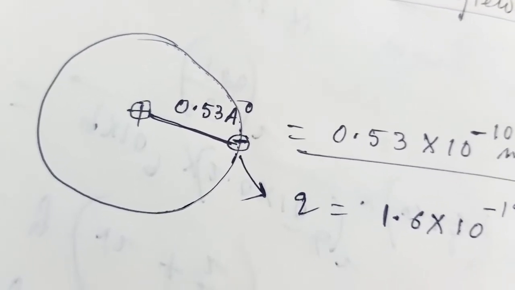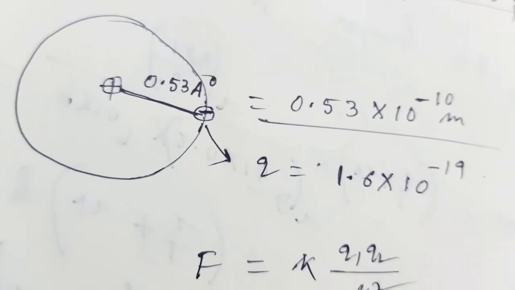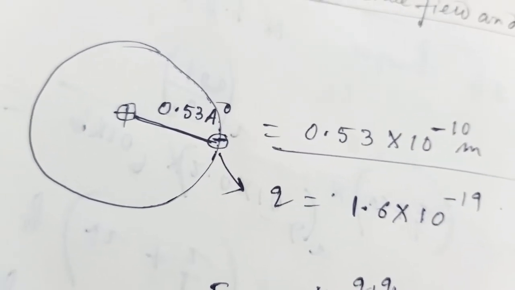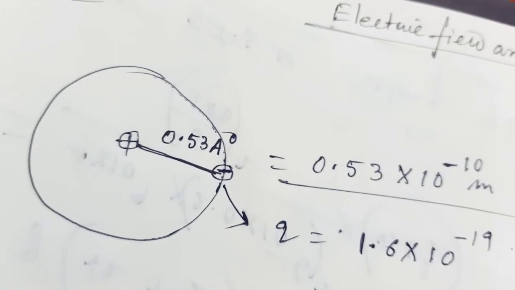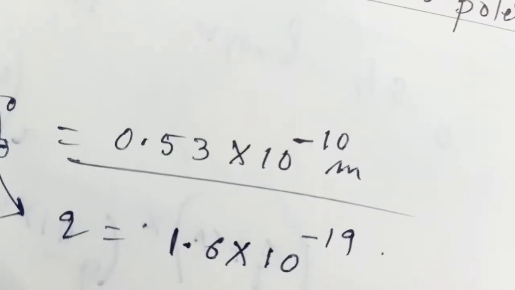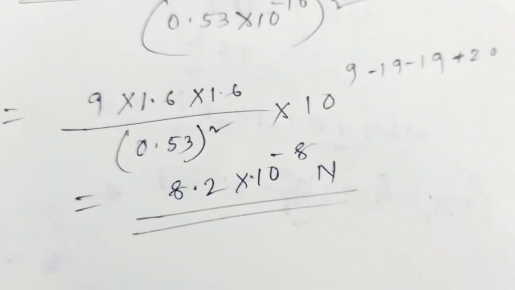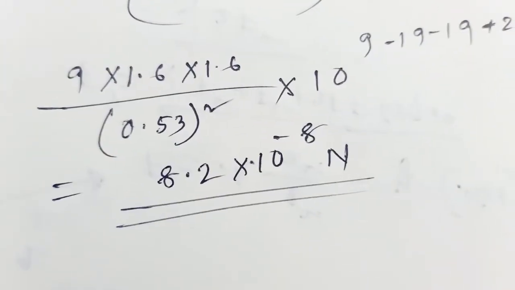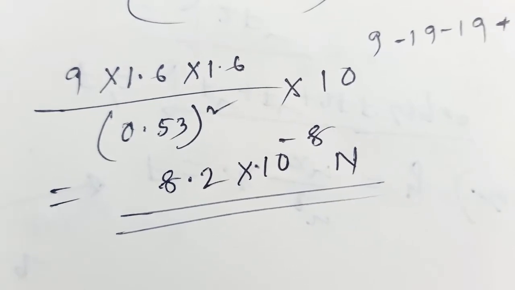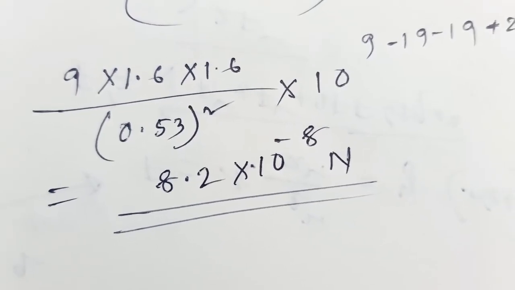So that is 1.6 into 10 to the minus 19, and the distance is 0.53 angstrom, so you have to transfer it in SI unit, that is 0.53 into 10 to the minus 10 meter, and then you calculate the force, that is F equal to 8.2 into 10 to the minus 8 Newton.